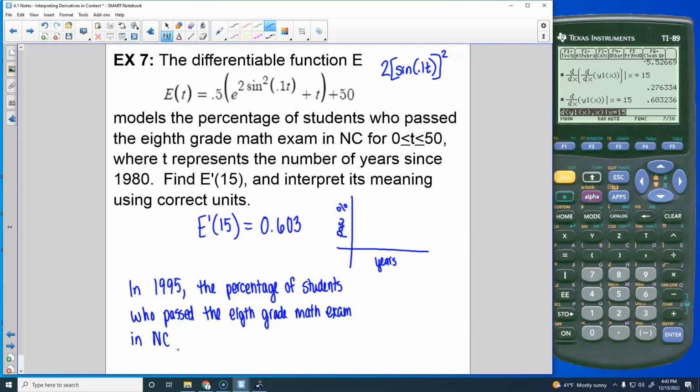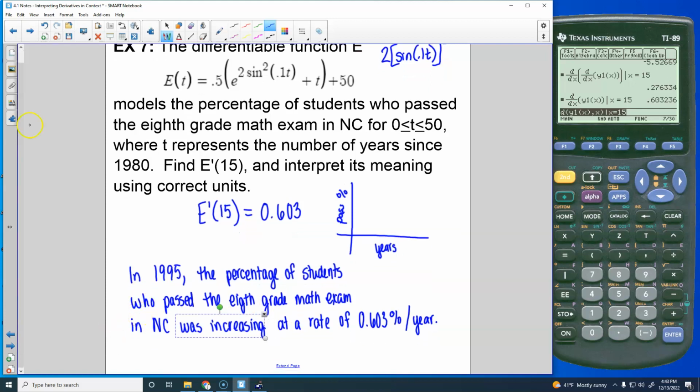And since we've got a positive number for our derivative, we're going to say was increasing at a rate of 0.603 percentage points per year. So we would see that percentage increasing there.